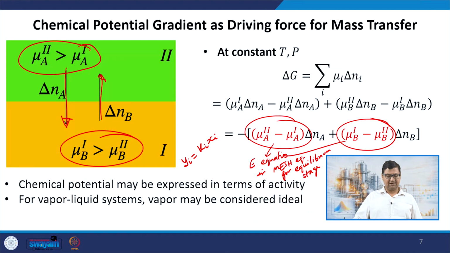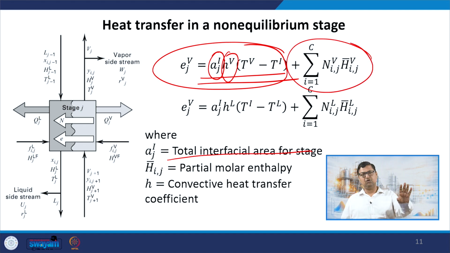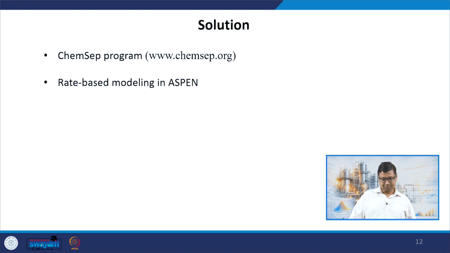So we now have a heat transfer coefficient appearing in the energy equation. We also have another contribution because of the bulk flow, in terms of the partial molar enthalpies of all the species and the sum over the component mass transfer rates. And we can do this for both the liquid phase and the vapor phase.